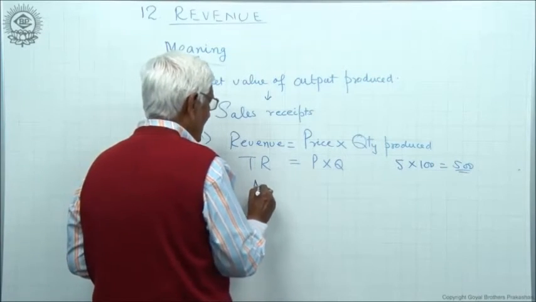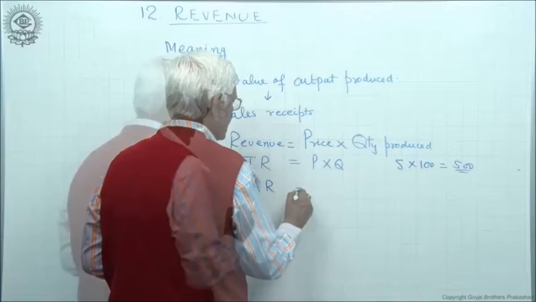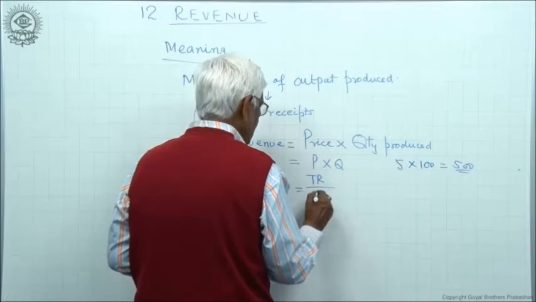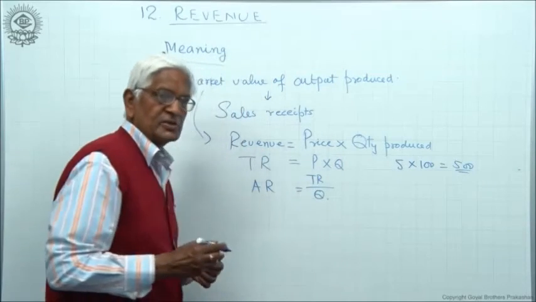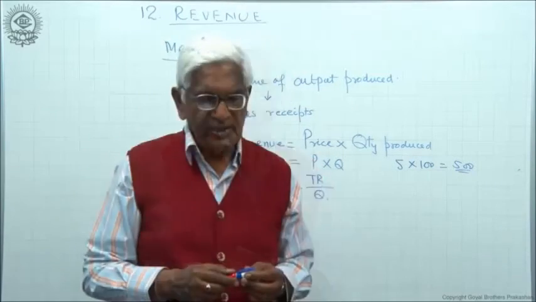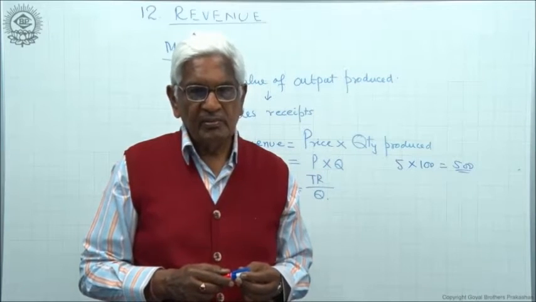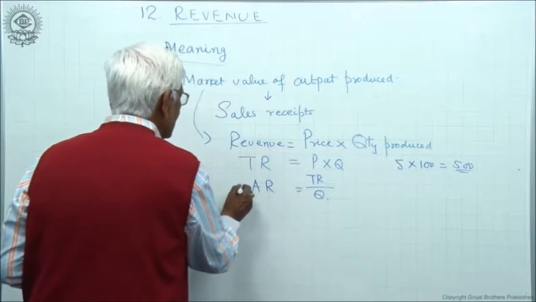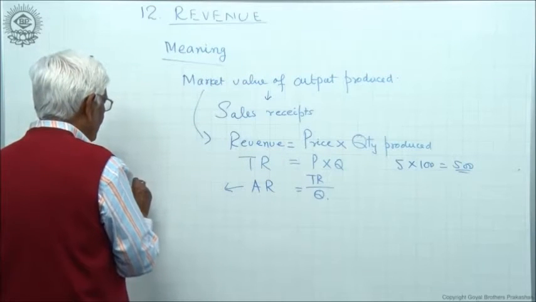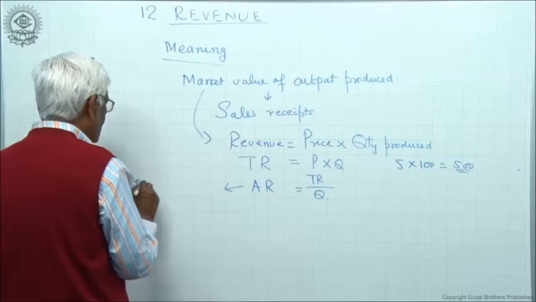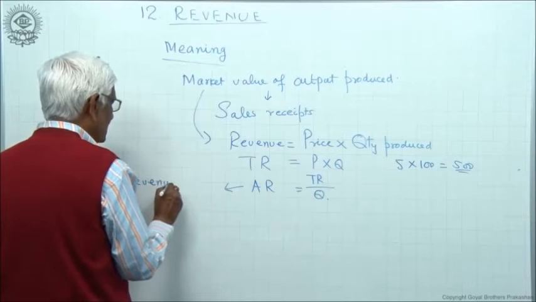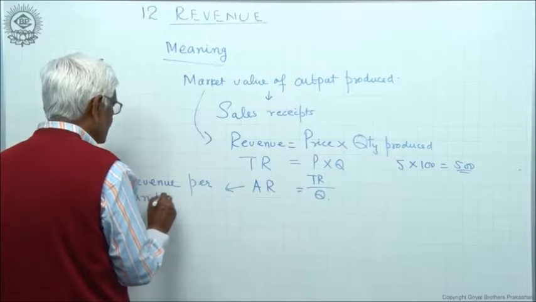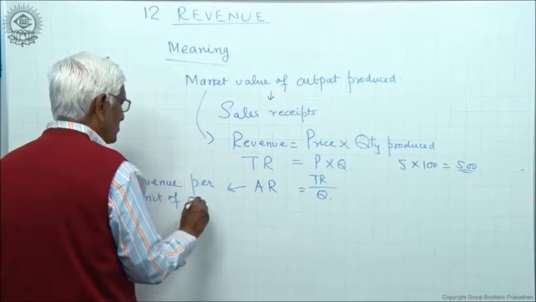Then average revenue. Average revenue is simply total revenue divided by quantity produced. So it is nothing but revenue per unit of output.